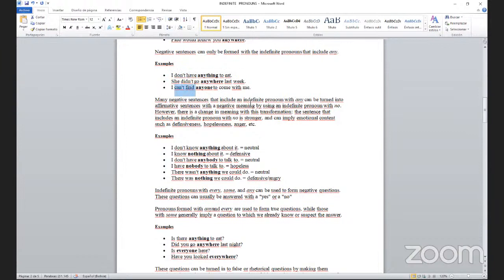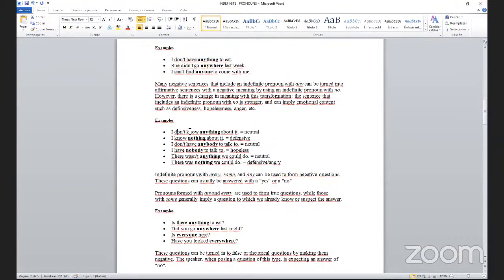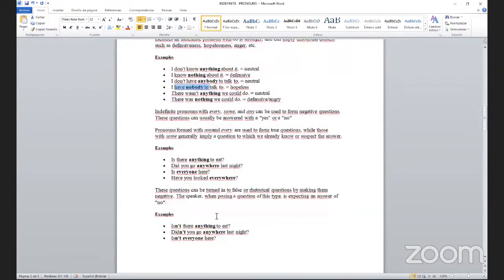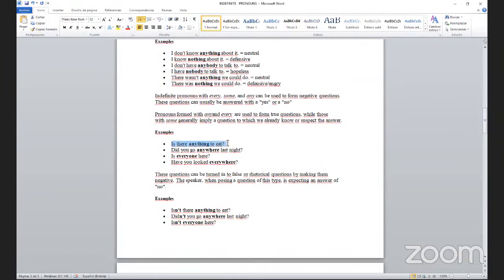Of course, it can be in any tense, present, past, future, but negative, right? So the differences: negative, affirmative. And when we talk about questions, yes, anywhere, anything, is everybody, everywhere, so we can use it, okay?